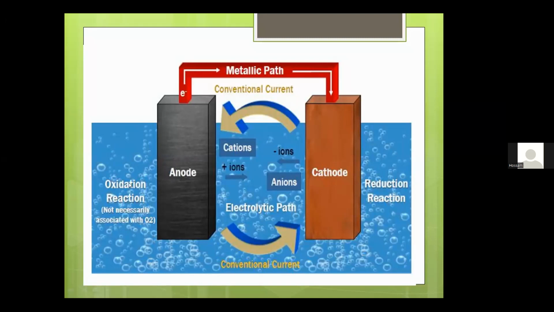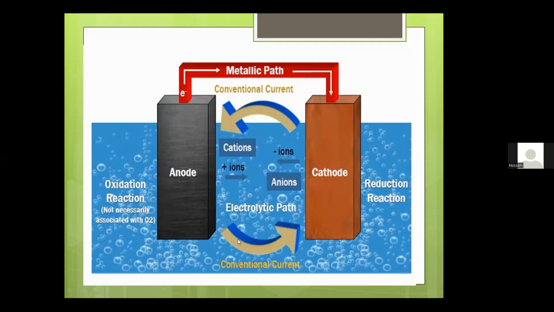At the anode surface, oxidation happens, and the electrons which come from the oxidation reaction will move in the metallic path from the anode to the cathode. And the positive ions will move to the cathode inside the electrolyte.